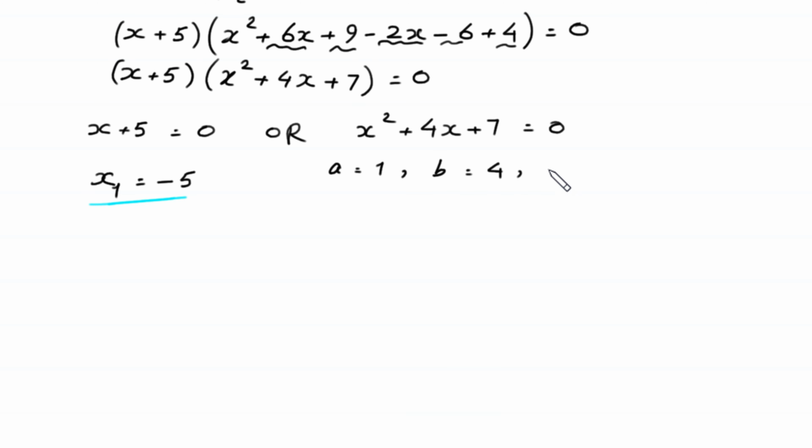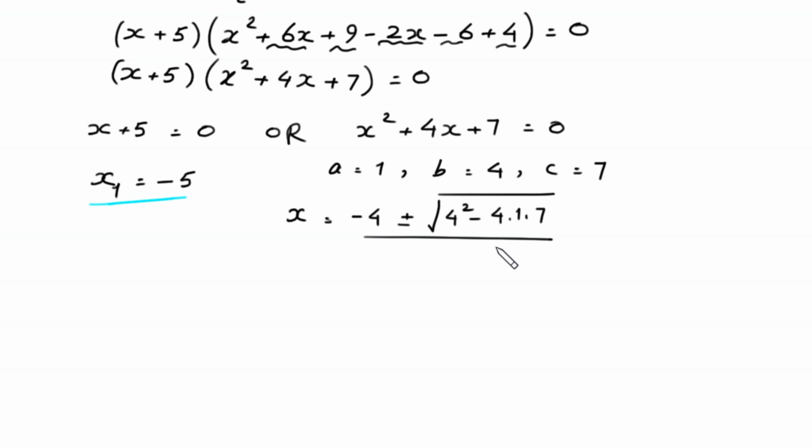Now this is a quadratic equation, and in this equation a is equal to 1, b is equal to 4, and c is equal to 7. According to the quadratic formula, x is equal to (−4 ± √(4^2 − 4 times 1 times 7)) divided by 2 times 1. 4^2 is 16, minus 4 times 1 times 7, which is 28, divided by 2.